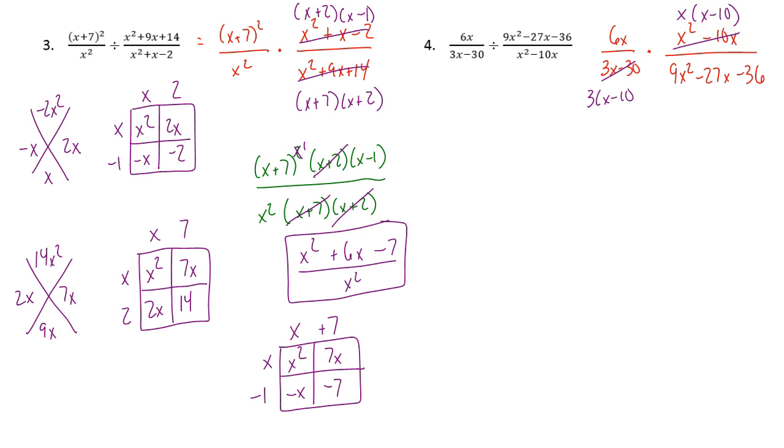Now you should have also recognized that this one also has a greatest common factor, that being 9. And if you didn't catch that, remember the first step in factoring is always look for a greatest common factor. But now this x squared minus 3x minus 4, we're going to use the Xbox method on.